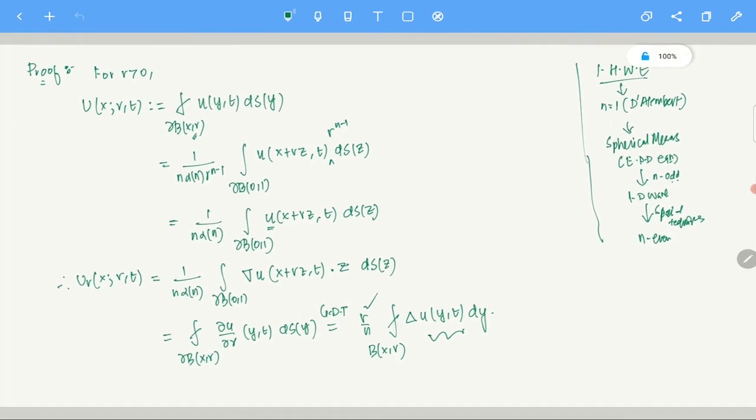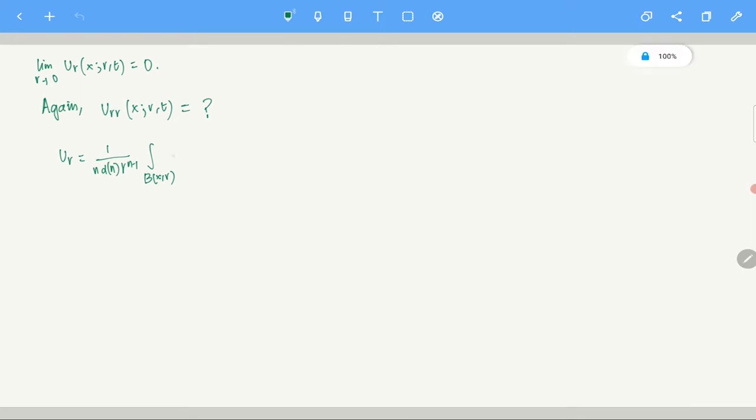You see this average, I am just writing it down, so alpha n r to the power n is there, and that will get cancelled, that is why r to the power n minus 1 is there.